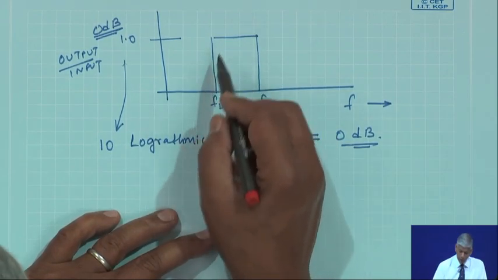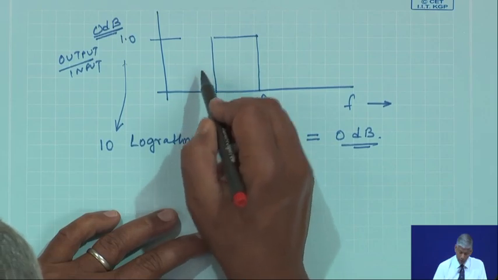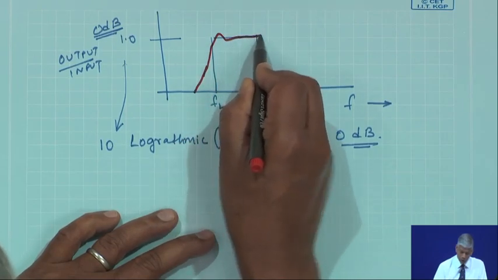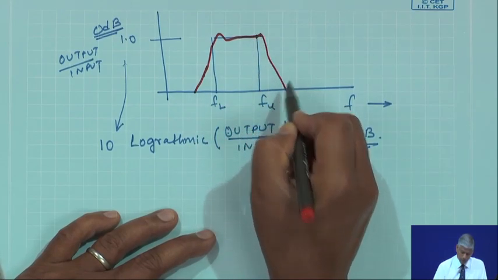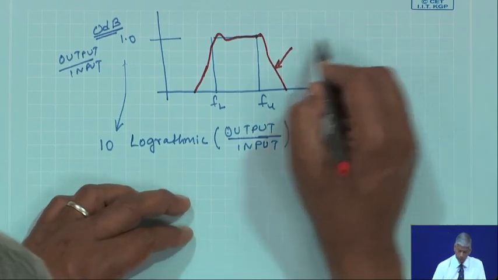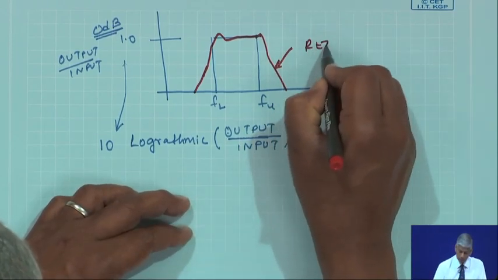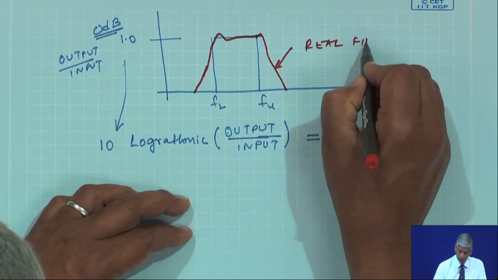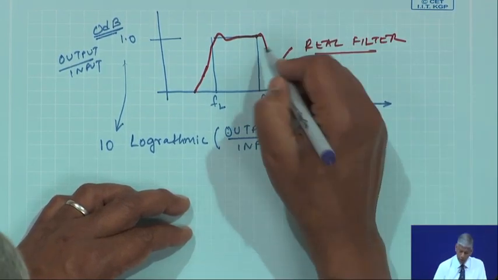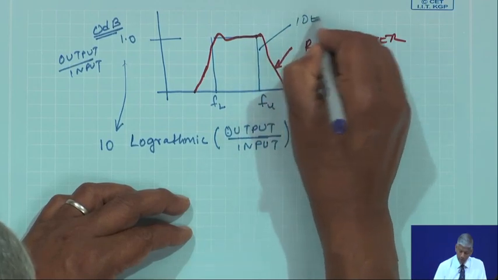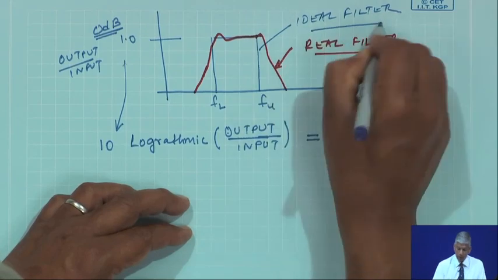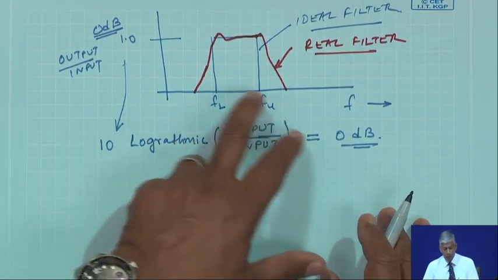An ideal filter rolls off something like this. This is the real filter. We will not go into the difference between real and ideal filters, but it suffices to say that filters are available of constant bandwidth.